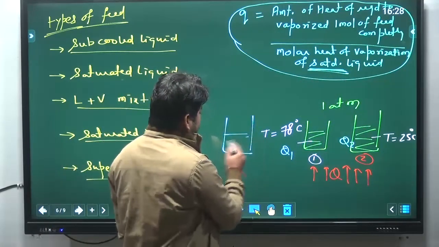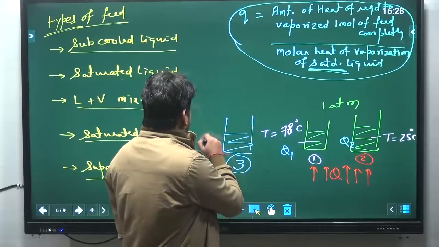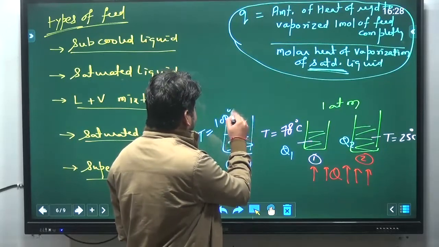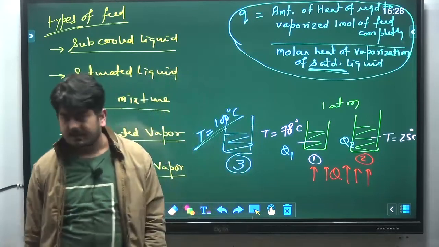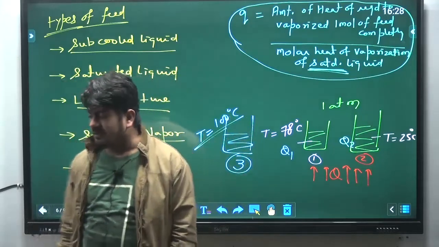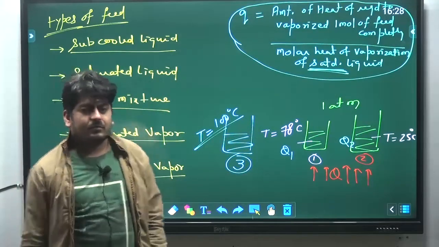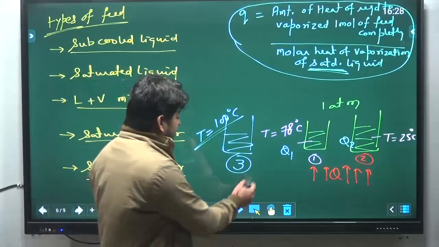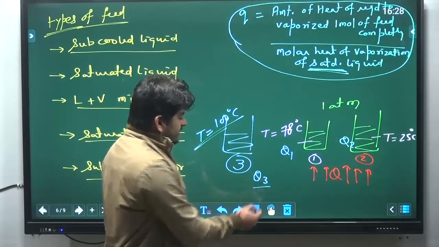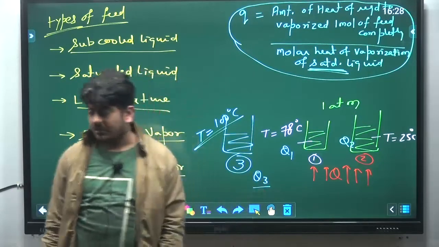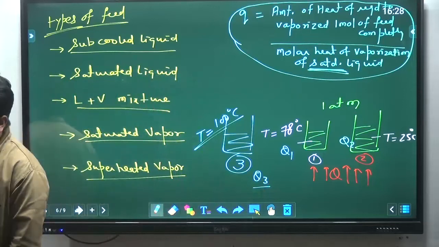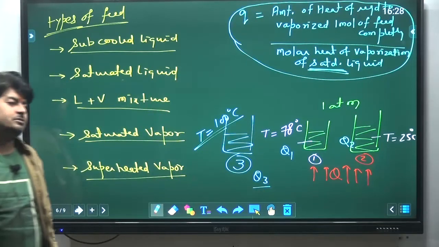If I say there is a third container having liquid water at 100 degrees Celsius only, and here the heat involved was Q3. So now, will Q3 be less than Q1 or greater than Q1?